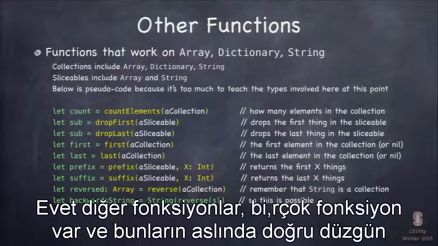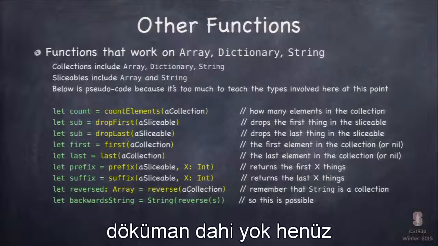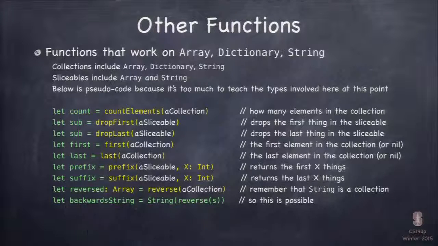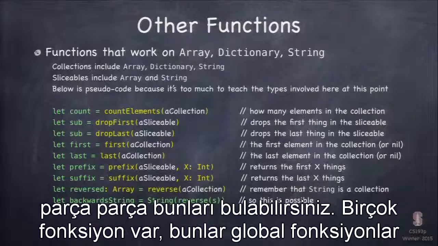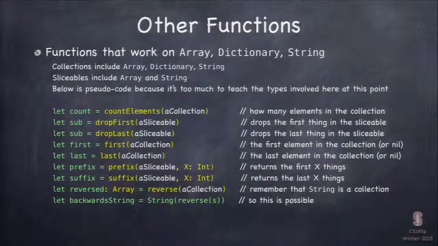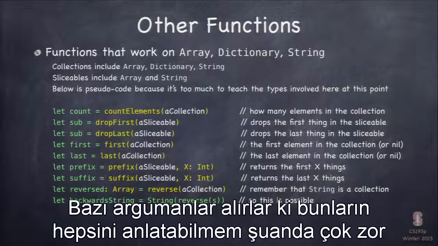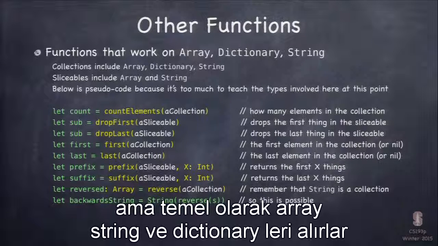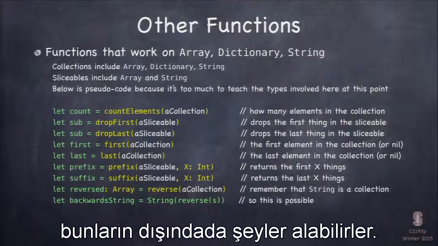Okay, other functions. There are a lot of functions, and these do not appear to be documented anywhere yet. So this slide might be your only documentation. Now, I'm sure you can find out about them on the internet too, but there are a lot of them. These are global functions, not methods. They take arguments which are hard for me to explain right now, but basically they take things that are arrays and strings and dictionaries.